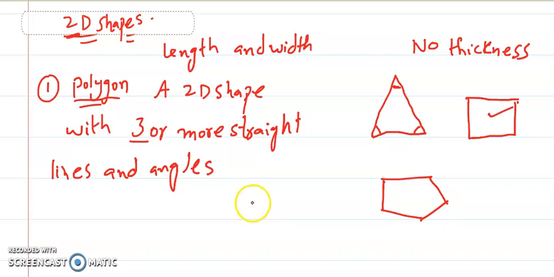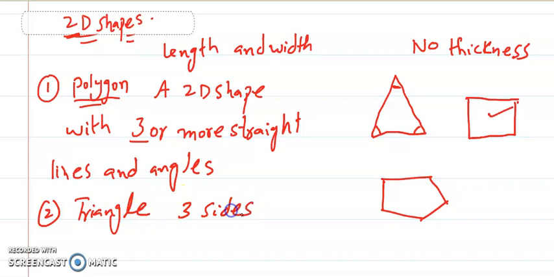Now on the basis of number of sides, each polygon is given a name. For example, a polygon with three sides is called a triangle. A triangle will have three sides and three angles, so we will call it a triangle.